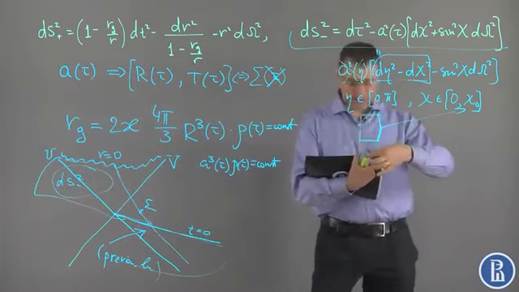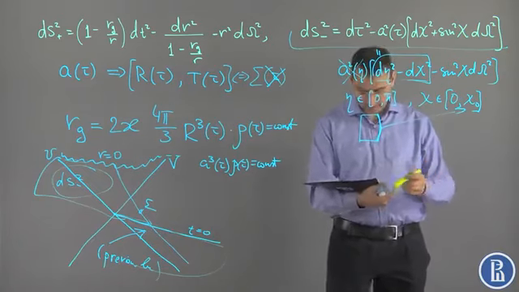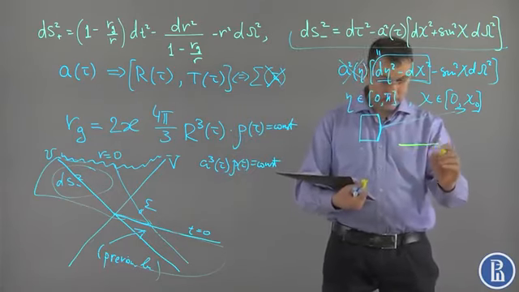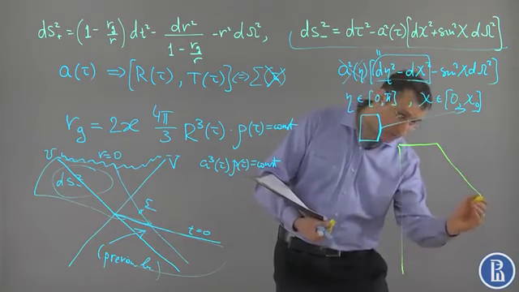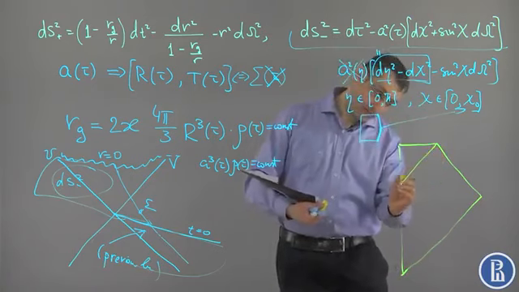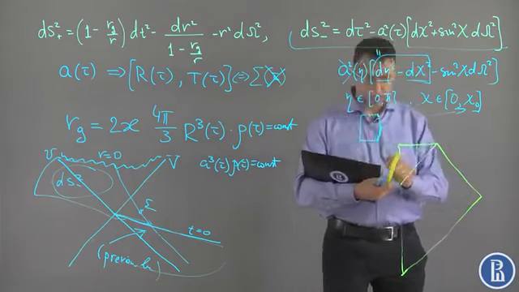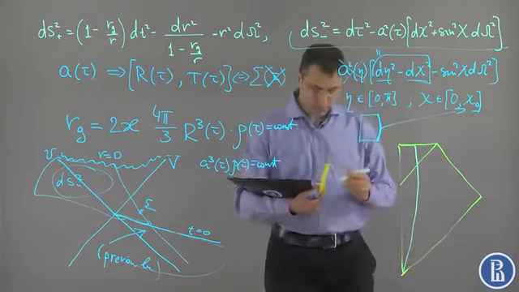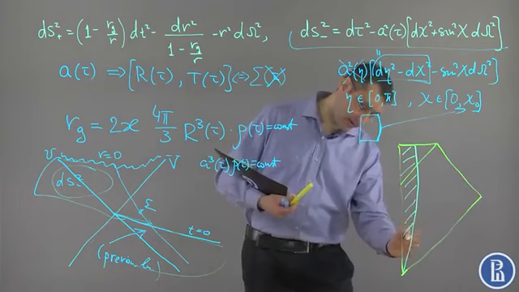In all, we obtain the following Penrose diagram. So this is the region inside the star.